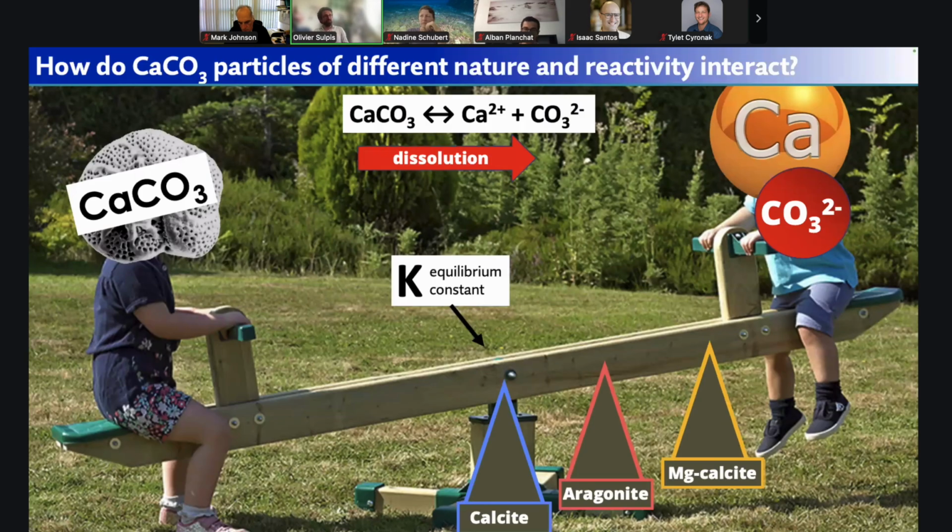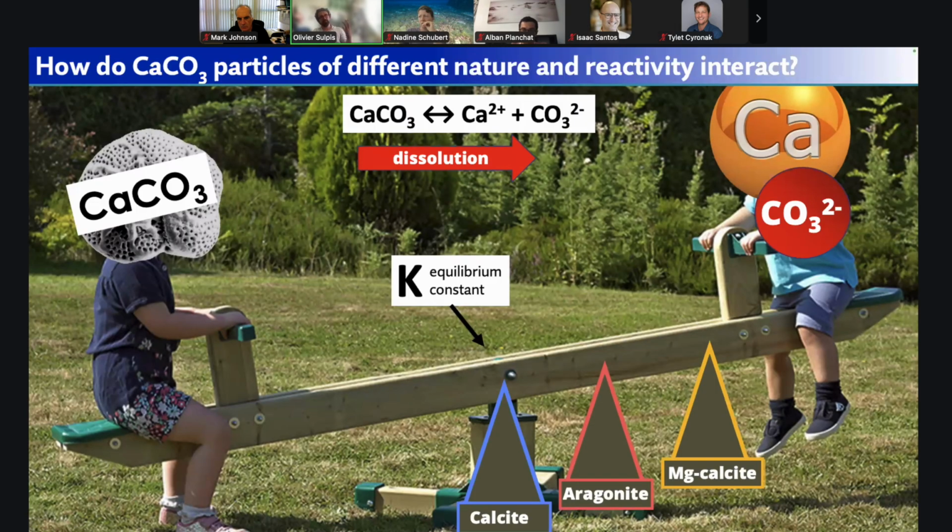Okay, aragonite, for instance, has a slightly different crystal structure. It's slightly denser, but it's more soluble. It requires more energy to make. So why organisms choose to precipitate calcite or aragonite or magnesium calcites has a lot of reasons. It has some evolutionary factors in there.